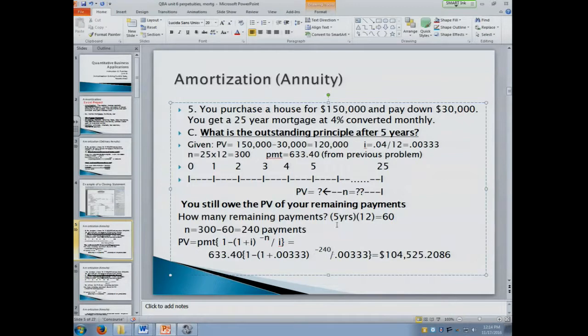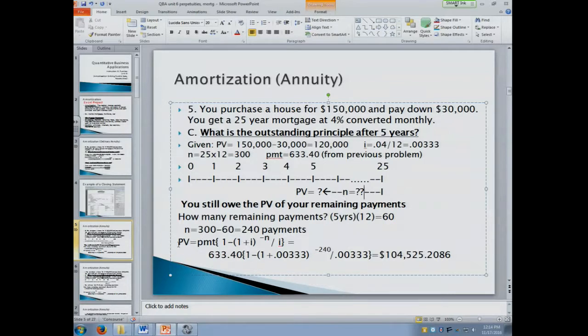Well, over the lifetime of the mortgage, there are 300 payments. We've paid 5 years of payments. 5 years times 12 months, we've paid 60 payments. So 300 minus 60, we have 240. From 25 years to 5 years, there are 240 payments left.